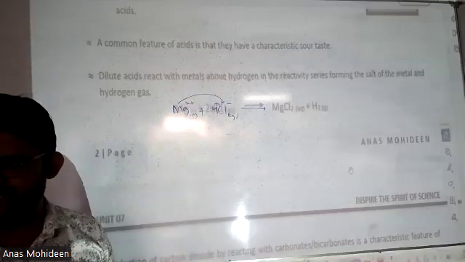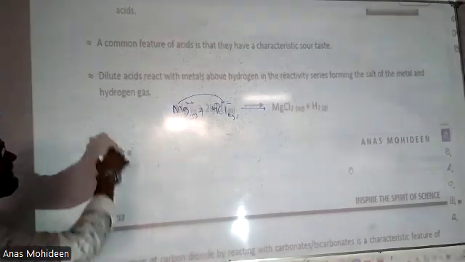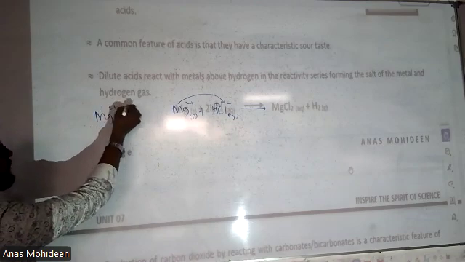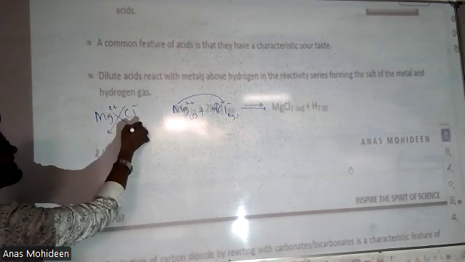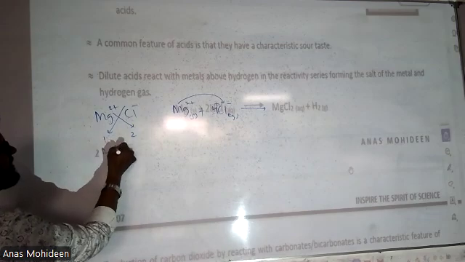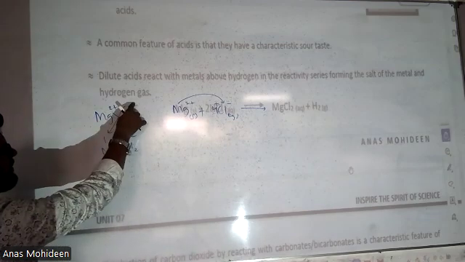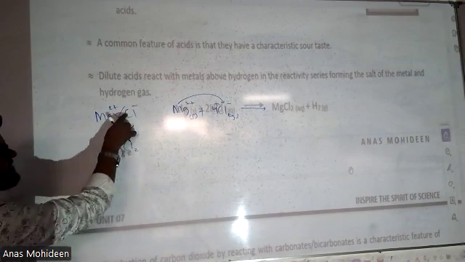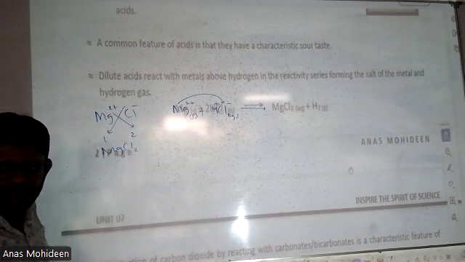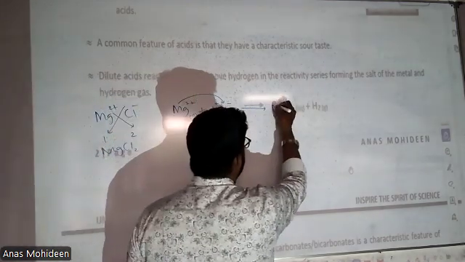So plus 2 and minus combine. You must know the chemical formulas. Mg2+ and Cl-, exchanging 1 and 2, it comes MgCl2. Correct? 2 plus you take down, 1 minus you take down. So Mg1 Cl2, MgCl2. So what is formed here?